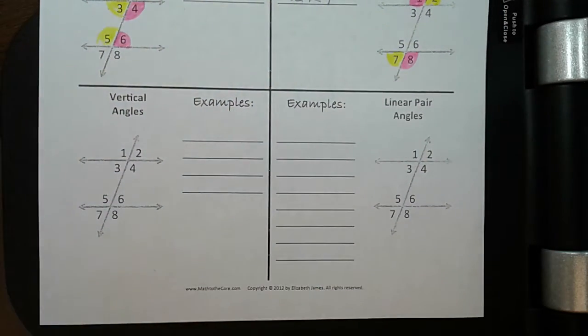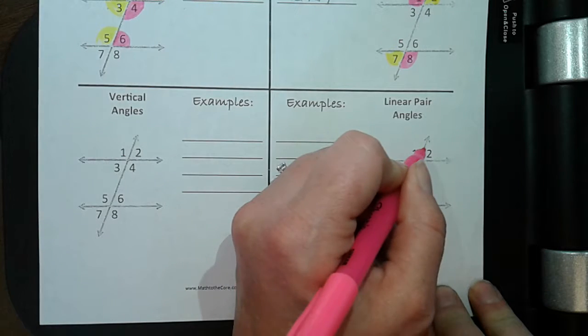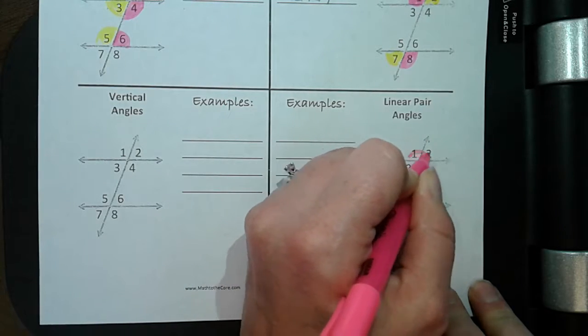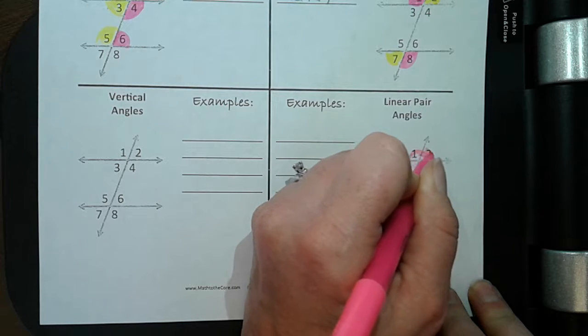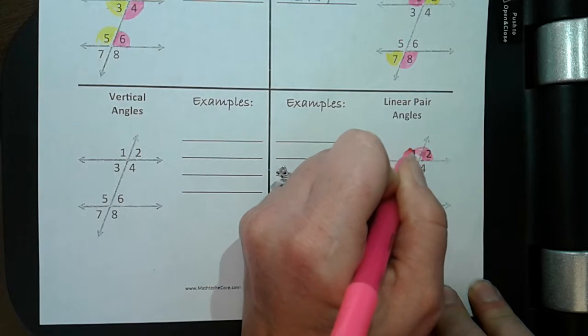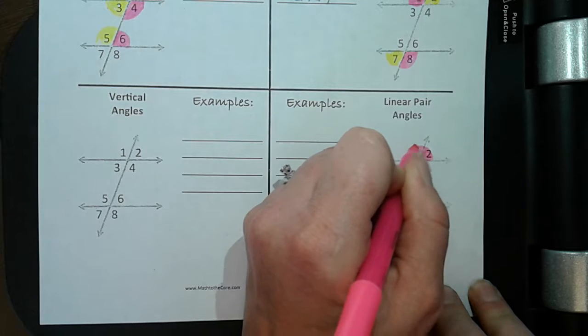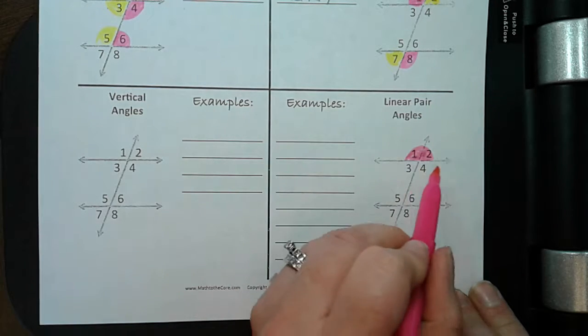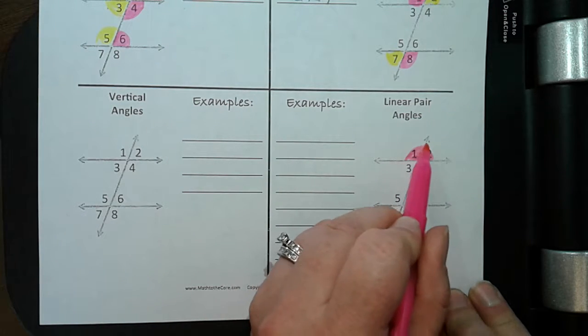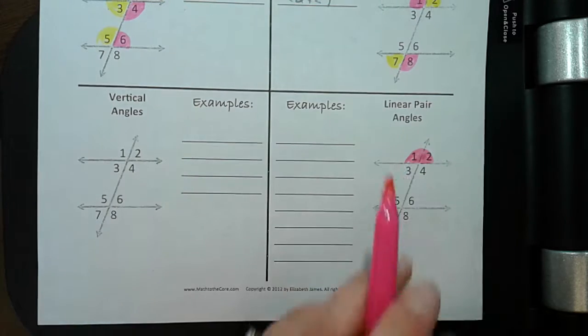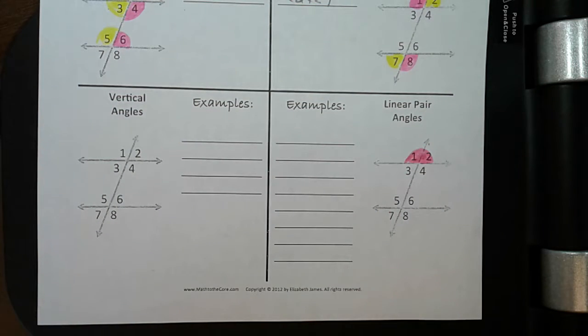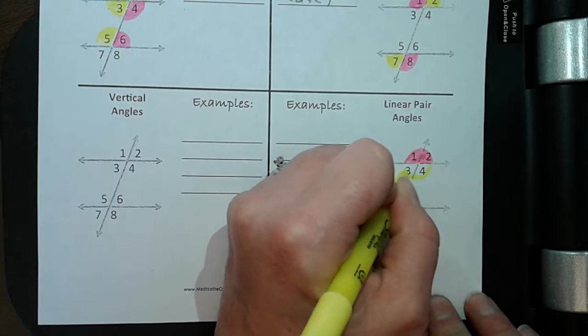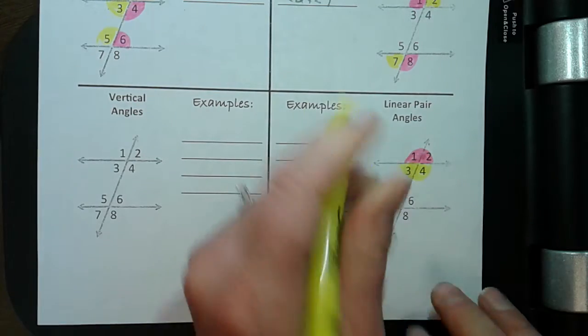Now these are two we talked about in another chapter, but let's review them again. So linear pair angles, a linear pair would be like 2 and 1 because they form a line. See that it's a line. If you start on this line, you go all the way around, you end up on the line again. So 1 and 2 form a line. 3 and 4 also form a line.